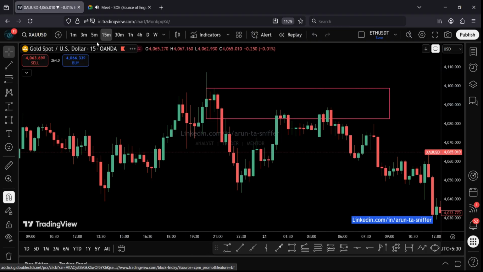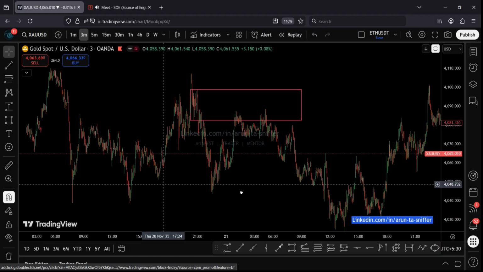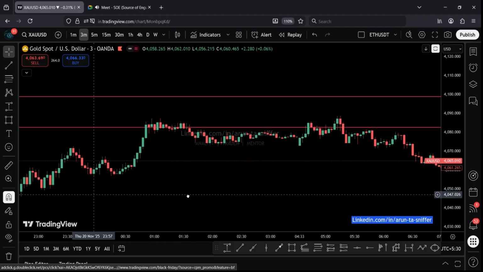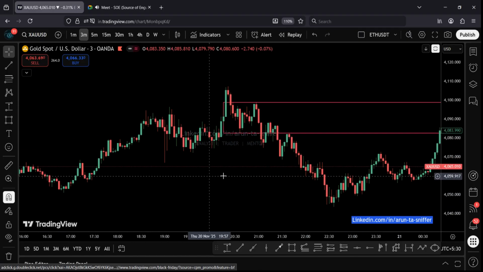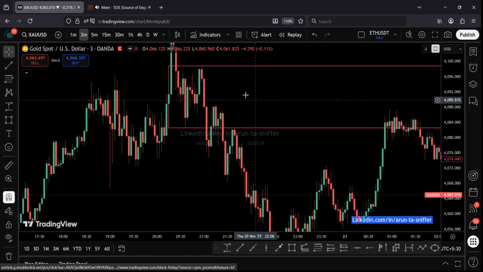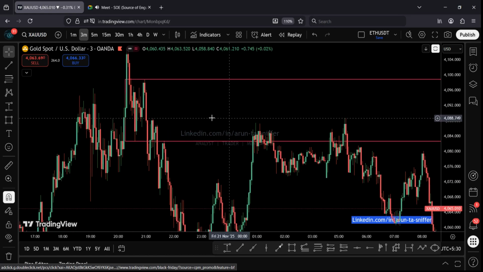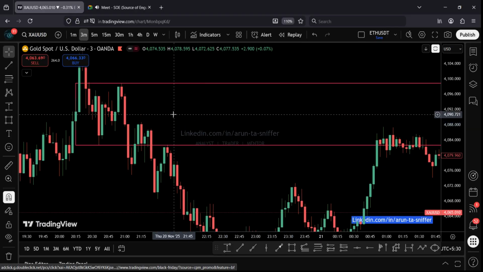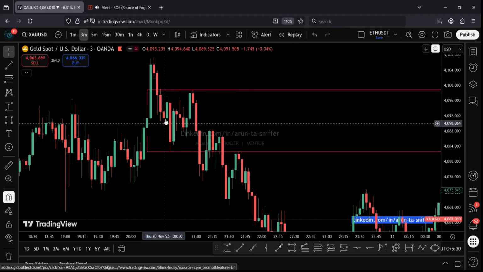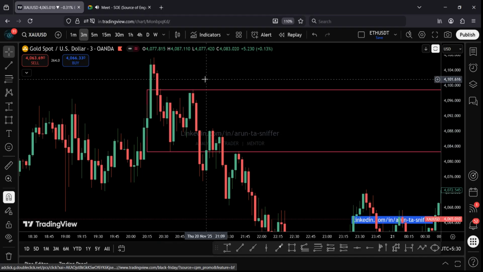So now what we will do, we will go on a lower time frame like 3 minutes and find a zone inside this. So first let's see what structure this is making. The price came down, goes up, comes down again, goes up again, comes down, then goes up.